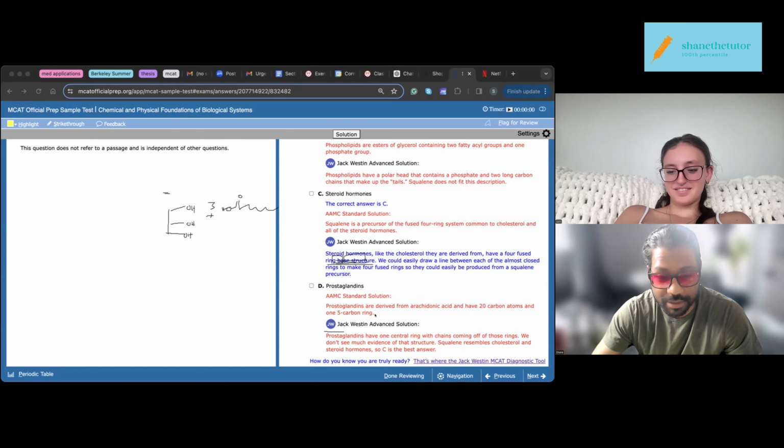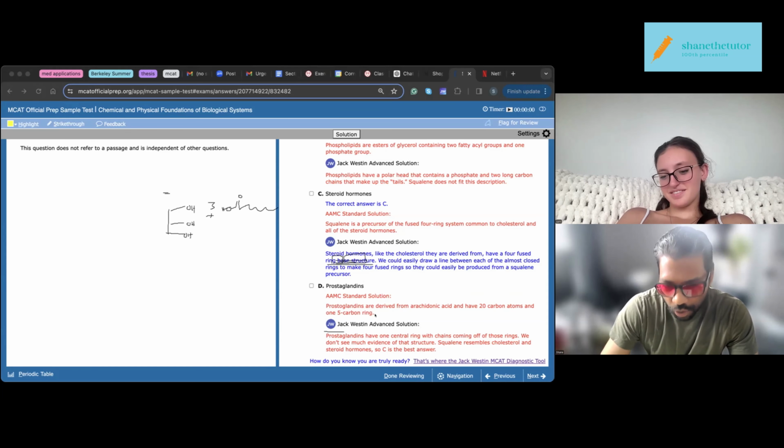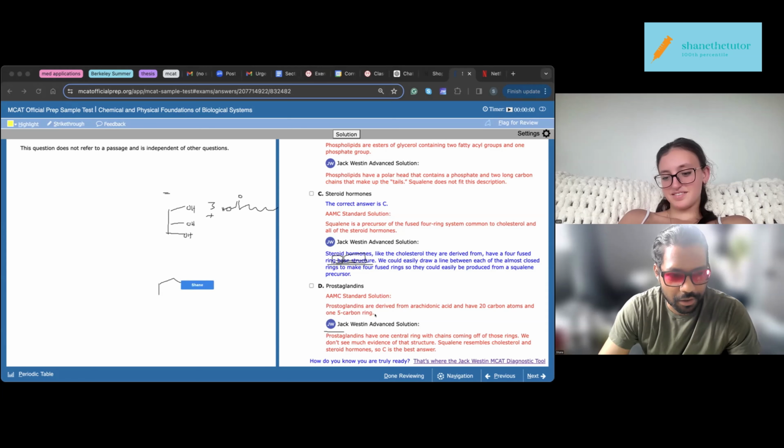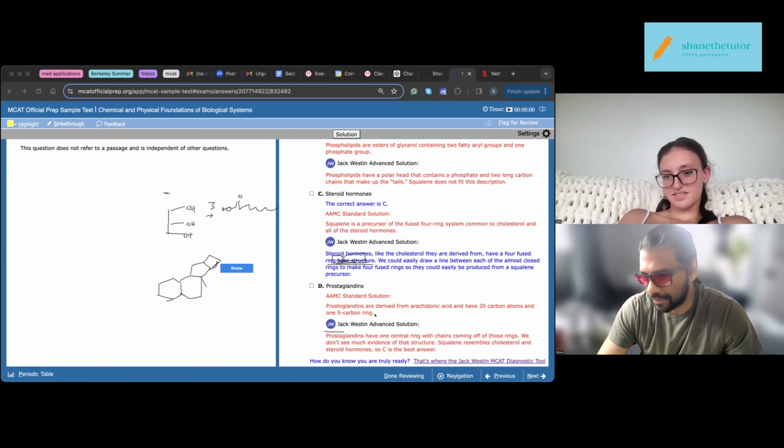With the arachidonic acid. But yes, steroid hormones that come from cholesterol have that structure, I think it's something like this. Like the 4-ring structure.